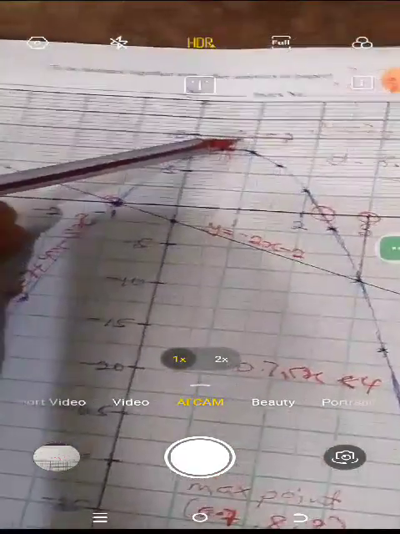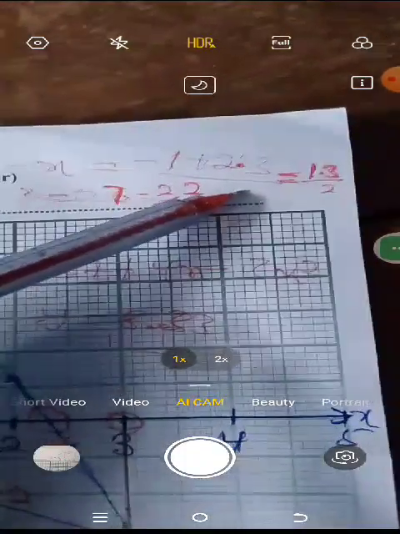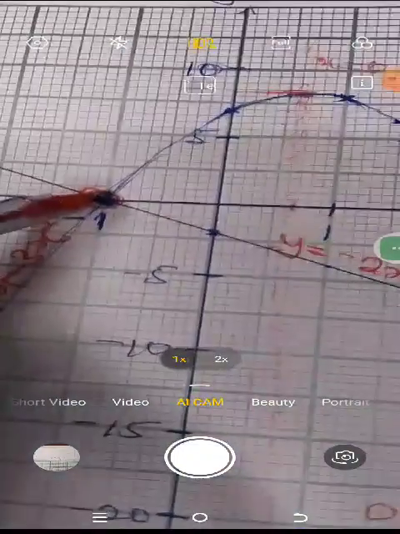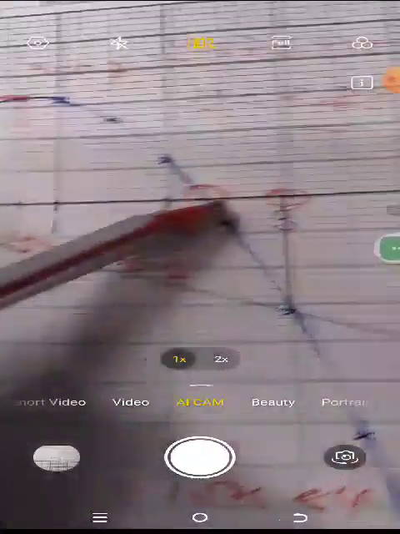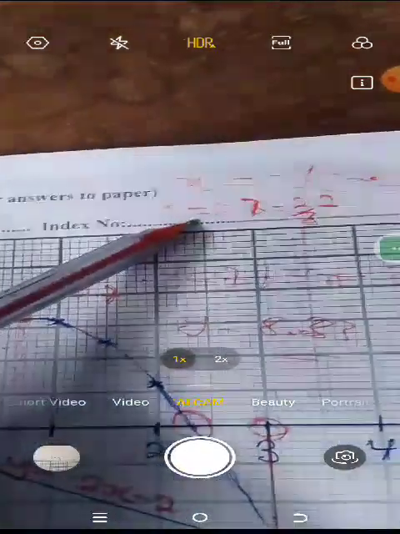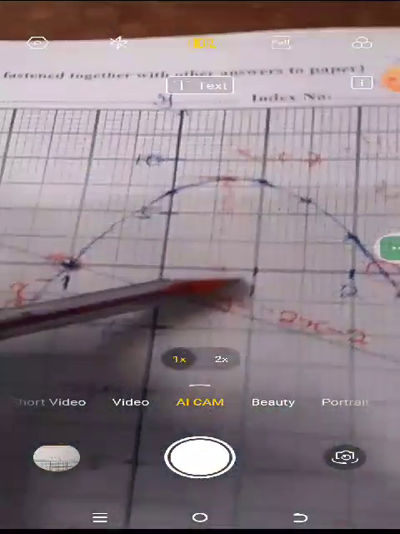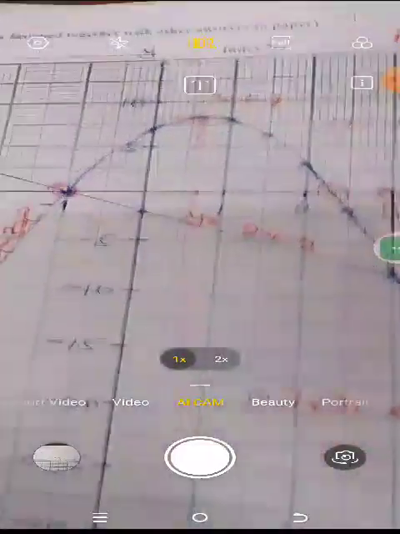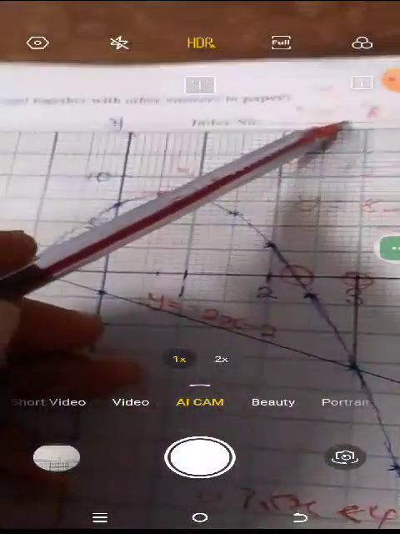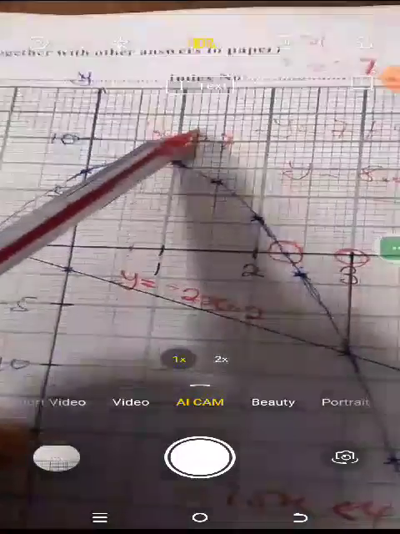Add the zeros of the graph, divide it by 2, then you get the answer. That is the equation of the line of symmetry. Take your ruler, get that, and draw the line through it. Now, after getting the equation of the line of symmetry, put that value into the equation given to you. Solve for y. Then you get the y value.